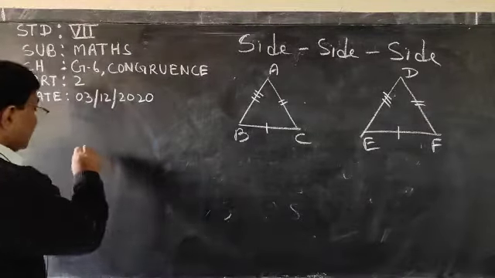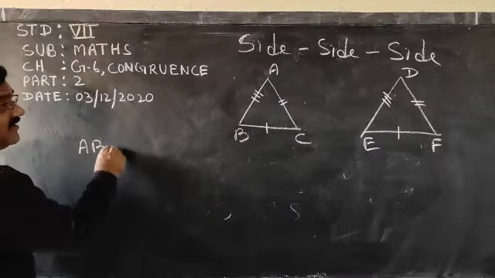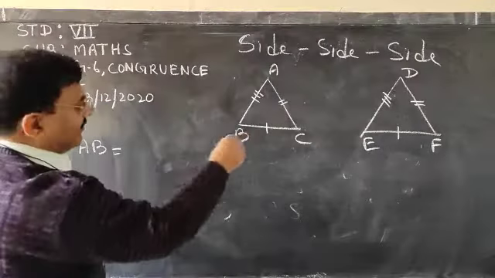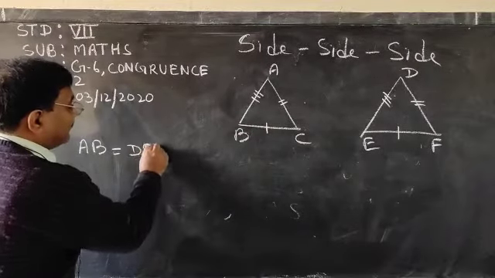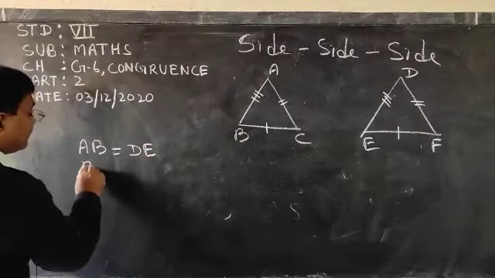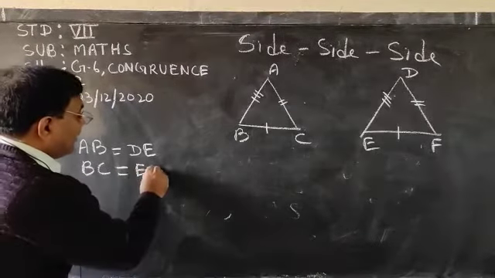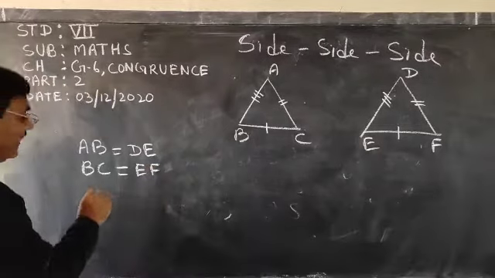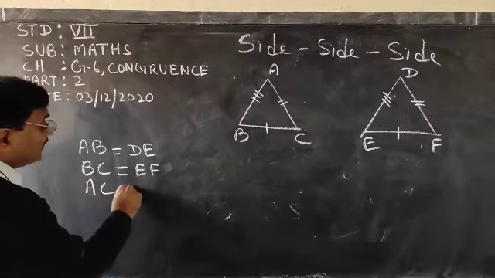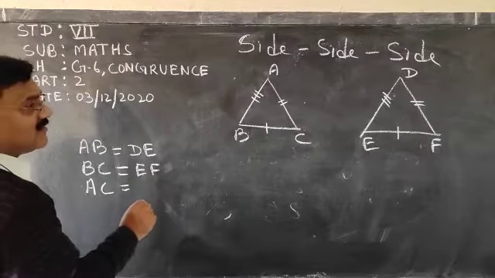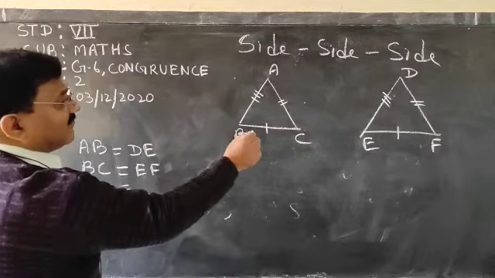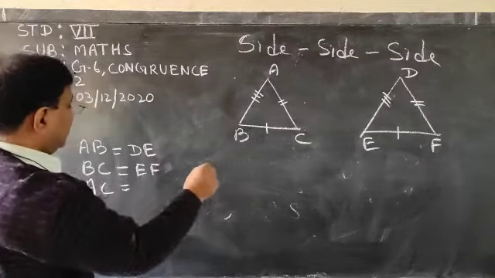AB, see here, AB is equal to DE. BC is equal to EF, and AC is equal to DF.